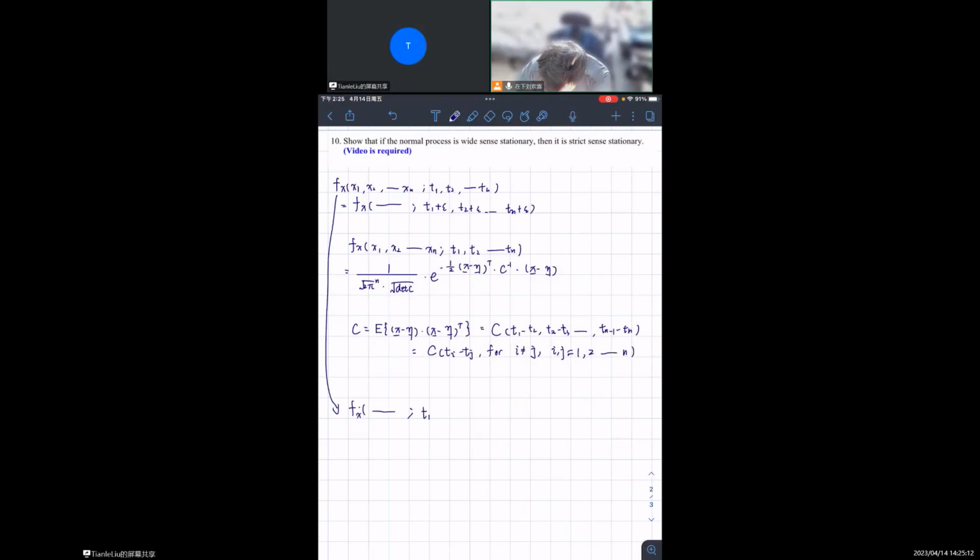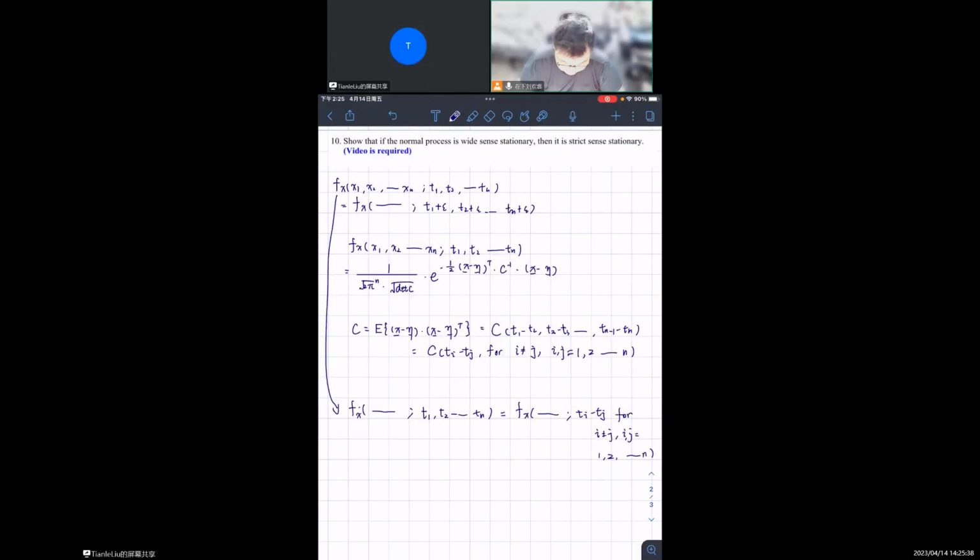But for the t1, t2 to tn part, it equals f of x, with the x part staying the same, but with ti minus tj for i not equal to j, where i, j equal 1, 2 to n.